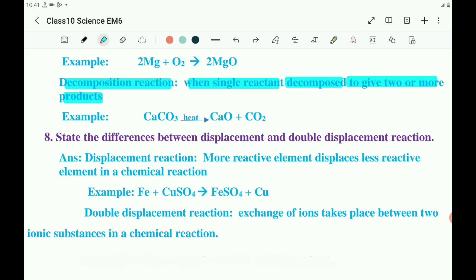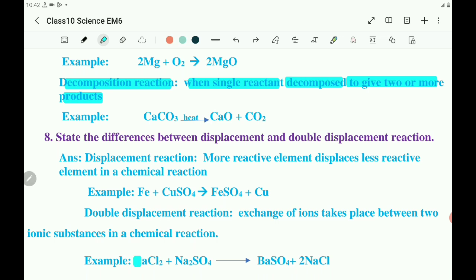Double displacement reaction is a chemical reaction in which exchange of ions takes place between two ionic substances. So an example you can give. Barium chloride reacts with sodium sulfate, BaCl2 plus Na2SO4, gives BaSO4, barium sulfate, plus sodium chloride.